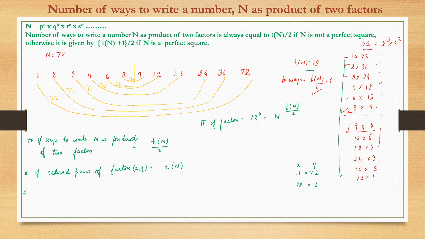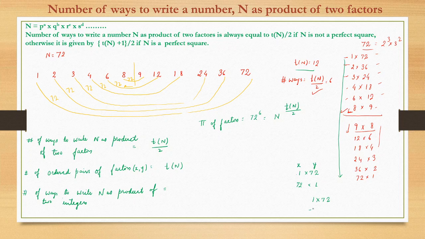Now if the question is the number of ways to write n as a product of two integers, we can write 72 as 1 into 72.